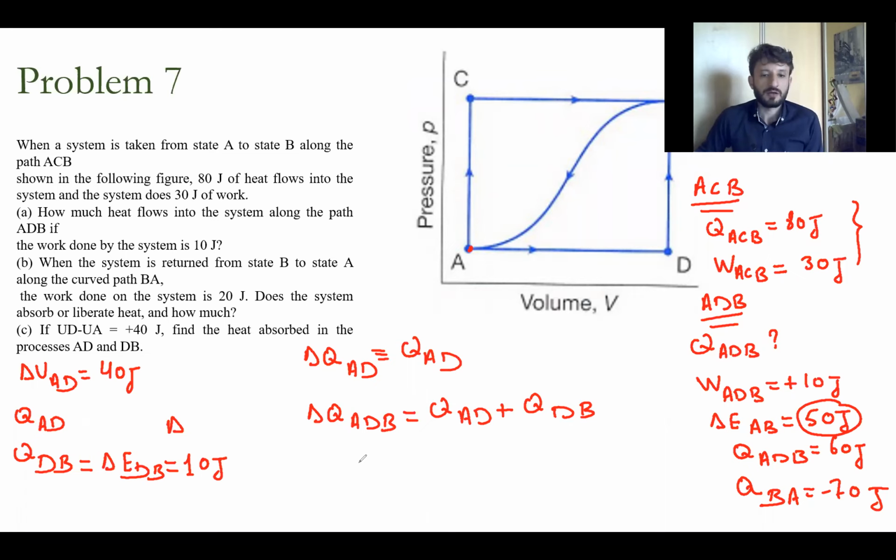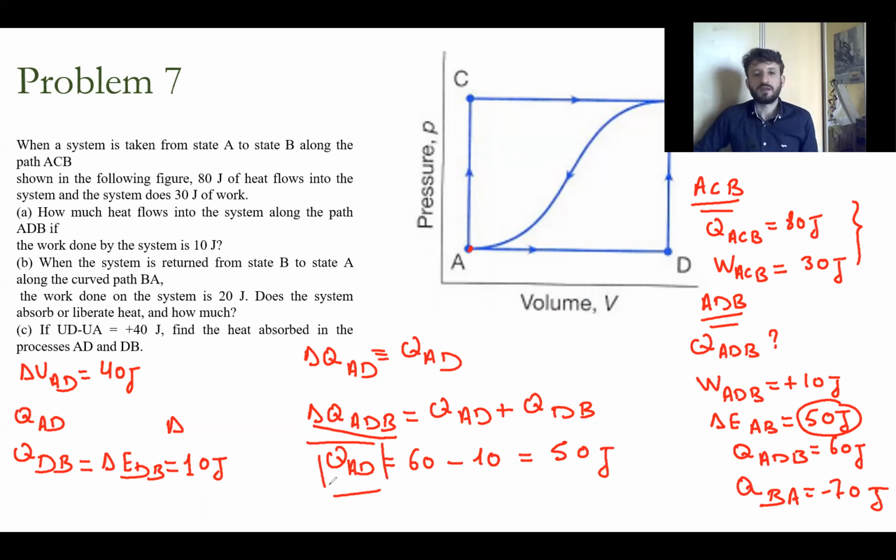So Q AD equals Q ADB, 60, minus Q DB, which equals 10 joule. We get here 50 joule as the value of Q AD.